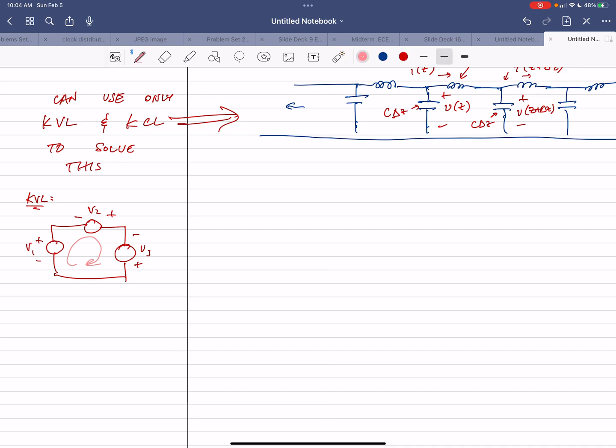So if I add V1, the voltage across here, V2 and V3 to get back to this point, the sum of that is going to be 0. So this is Kirchhoff's voltage law.